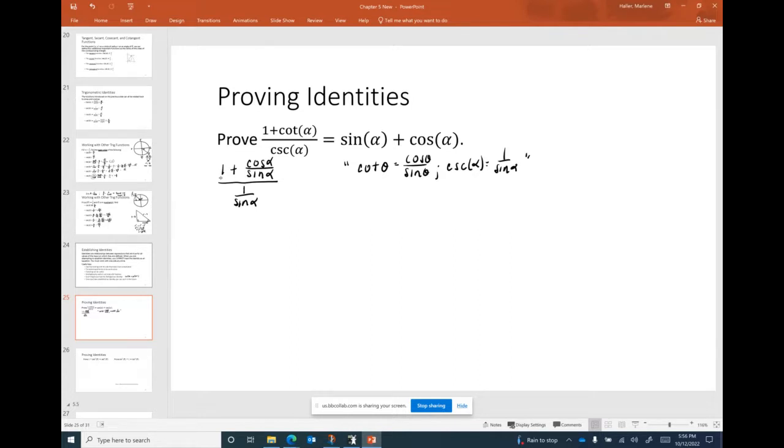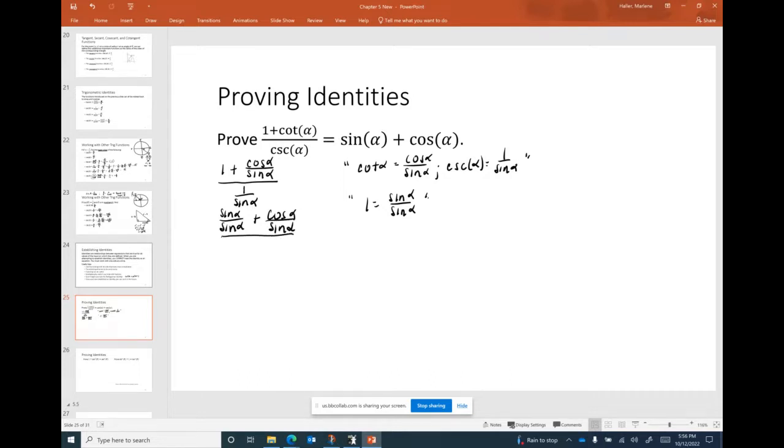All right, so let's rewrite 1 with a denominator of sine, right? So 1, I could say that 1 is equal to the sine over the sine, right? I've got some thetas left here. Let me get those to be alphas. Okay, and I can make that substitution there. All right, so I'll rewrite this then as the sine of alpha over the sine of alpha plus the cosine of alpha over the sine of alpha.